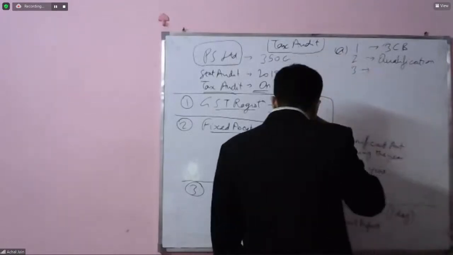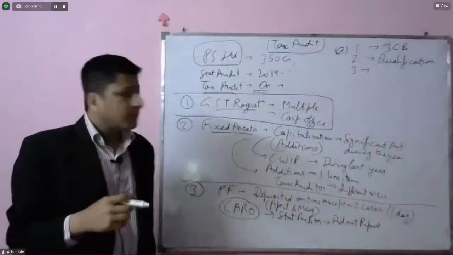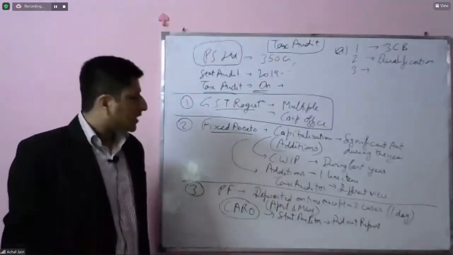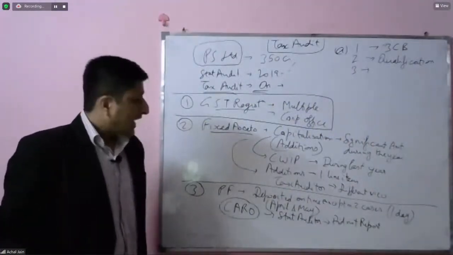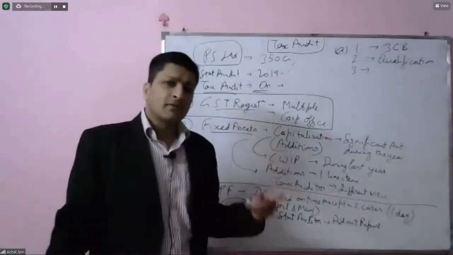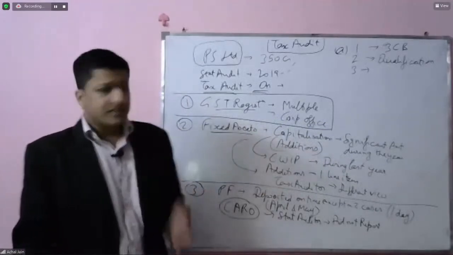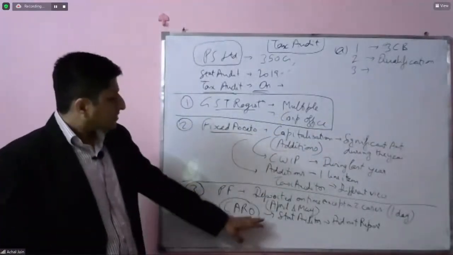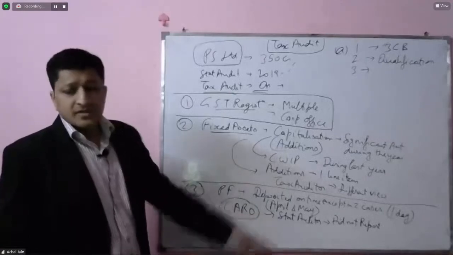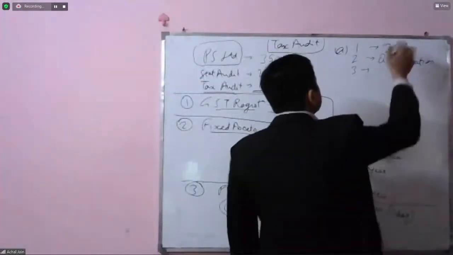Point number 3 seems to be a genuine problem, no doubt on the part of the management. And there are also problems for the other auditor, which the tax auditor should appreciate. And that's why this request of the management should be accepted by the tax auditor.